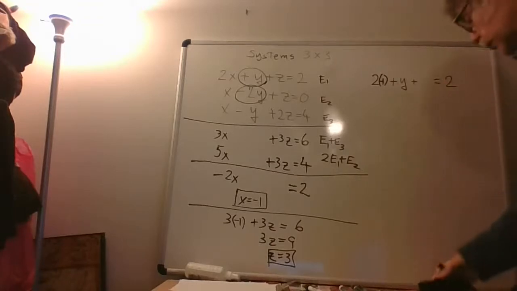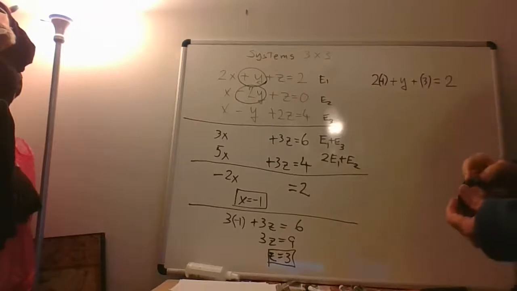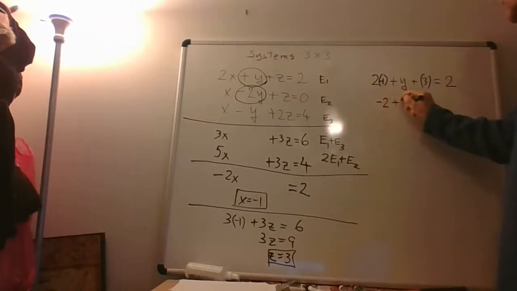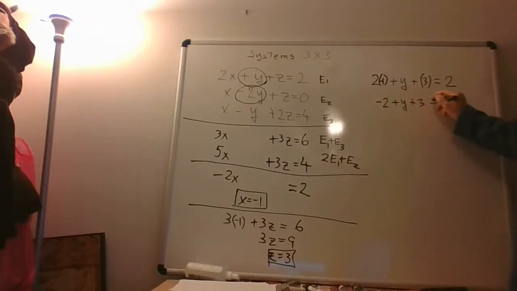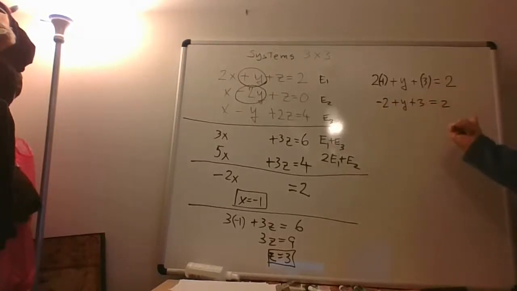I'm going to use a container and place the value of the variable in the container. So I have -2 plus y plus 3 equals 2. You don't have to be Einstein to find y here. 3 minus 2 is 1, and 1 on the other side becomes -1, so you have 2 minus 1, which is 1, and one way or the other, y is equal to 1.